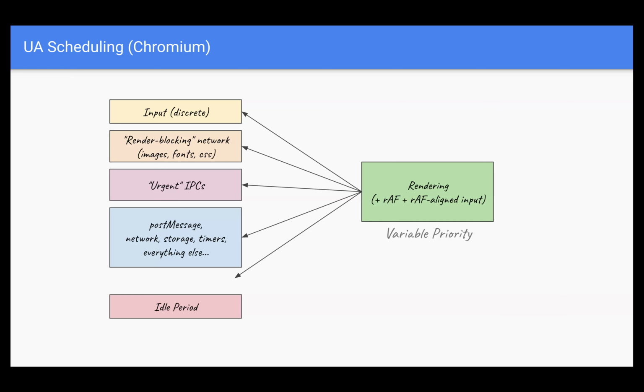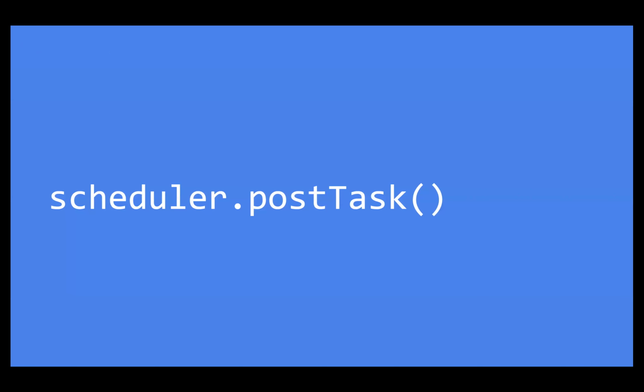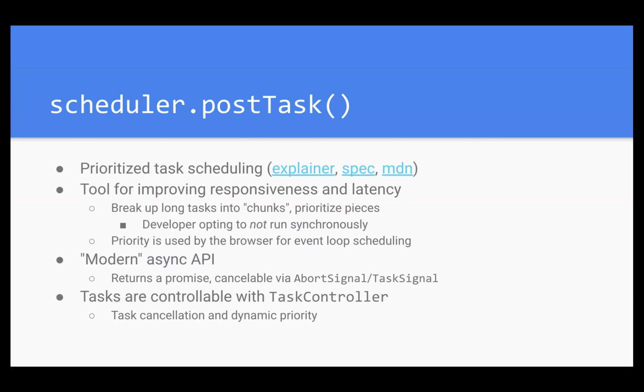That's the status quo before any of the APIs that we've been working on. All right, so the first one that we worked on some years ago was scheduler.postTask. This is the beginnings of prioritized task scheduling.